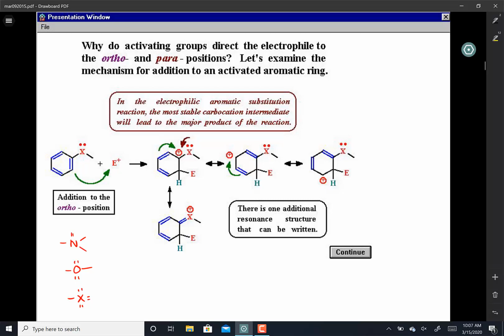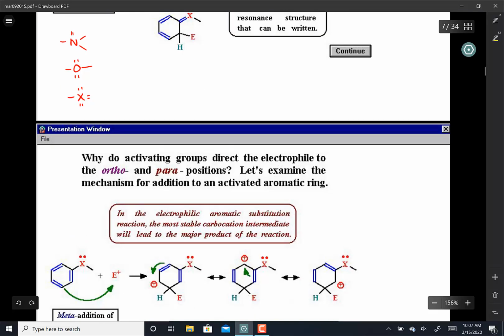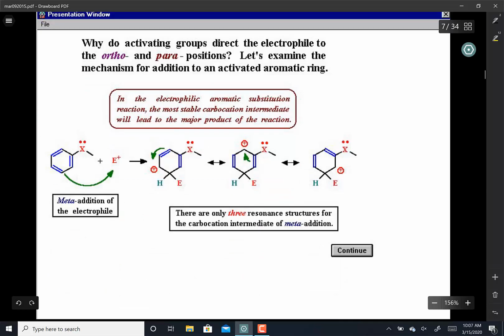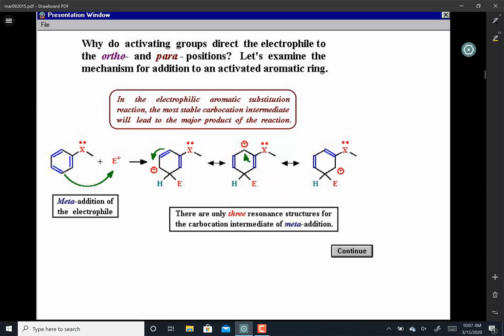So this shows you that there are four resonance structures if I added the electrophile to the ortho position, and if I now add the electrophile to the meta position, then you can see that the plus charge, as I draw the resonance structures out, is never next to the atom with the lone pair, and therefore it cannot form that fourth resonance structure.